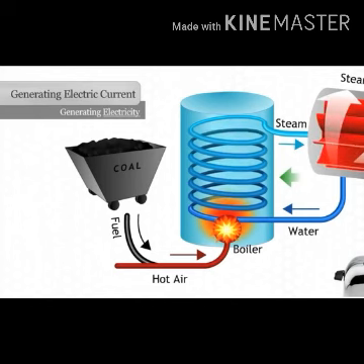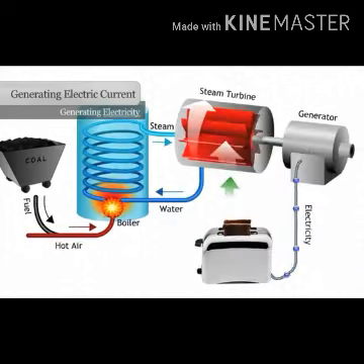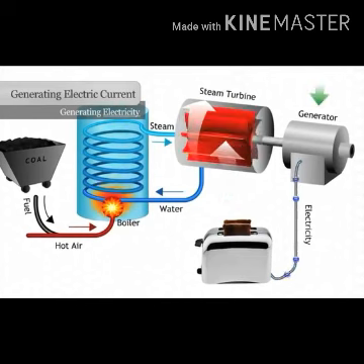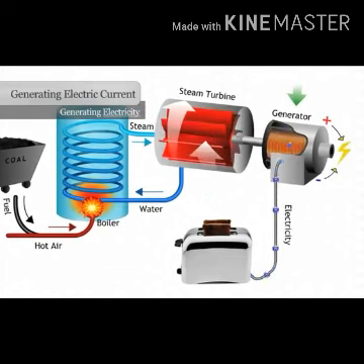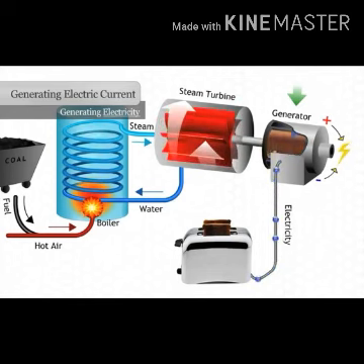Energy of motion is kinetic energy. The kinetic energy in the water causes a turbine to turn a generator. A generator changes kinetic energy with a spinning wire or a coiled wire to electrical energy.